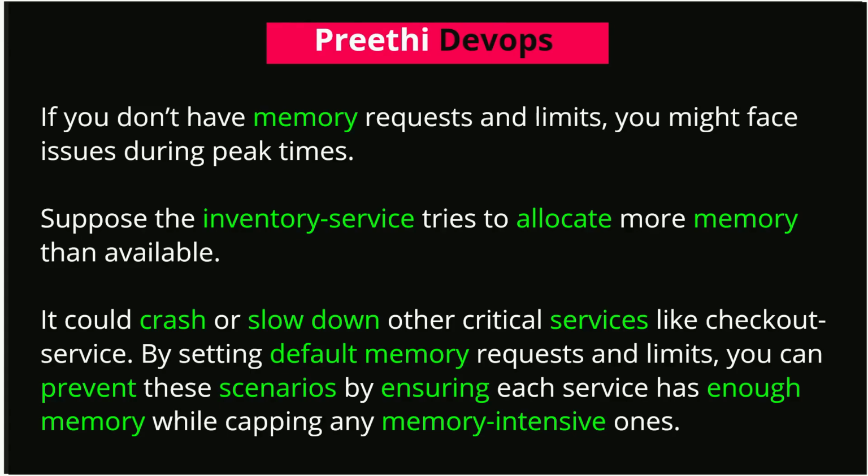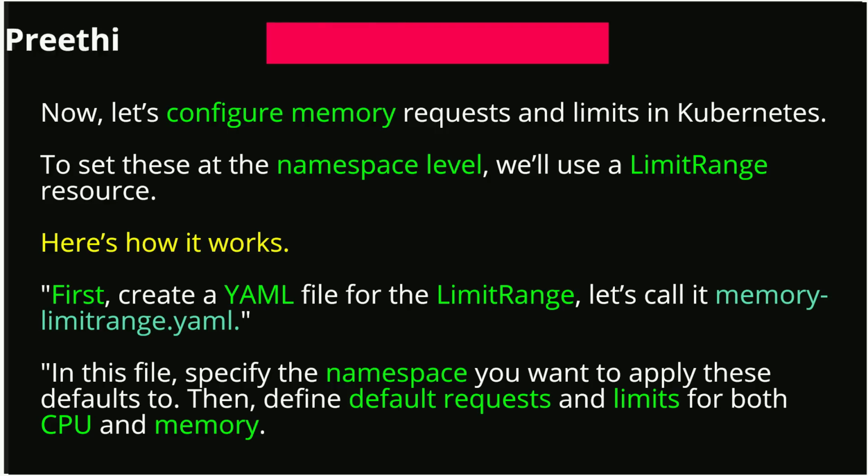Suppose the inventory service tries to allocate more memory than available. It could crash or slow down other critical services like checkout service. By setting default memory requests and limits, you can prevent these scenarios by ensuring each service has enough memory while capping any memory-intensive ones.